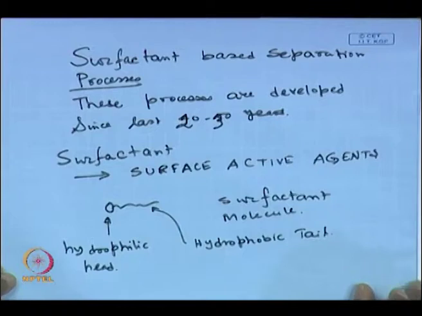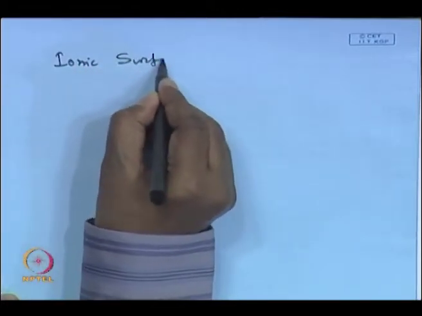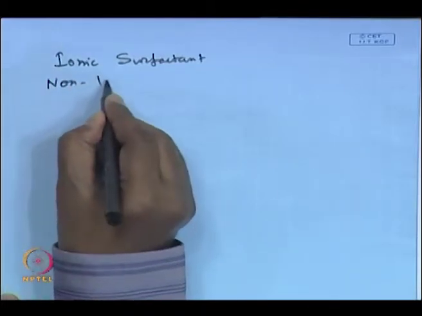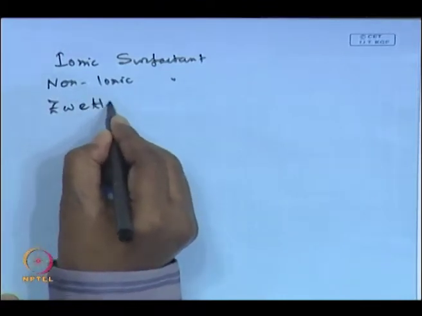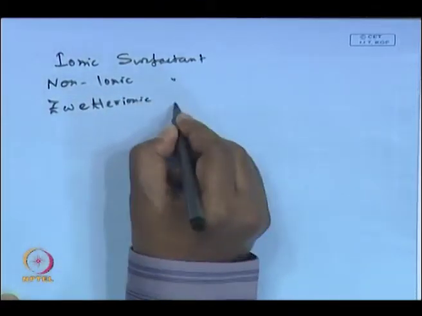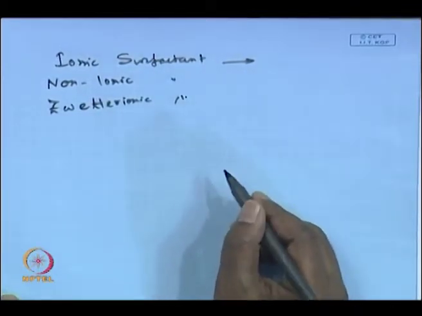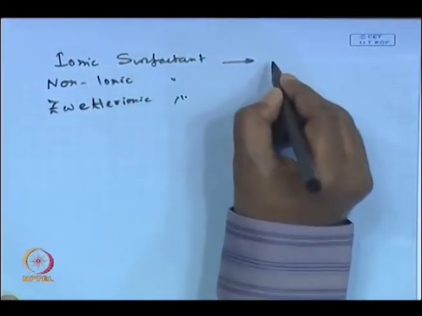Now, there are several types of surfactants that we will go into in detail again. One is the ionic surfactant, and then the non-ionic surfactants, and the zwitterionic surfactant. Now, these ionic surfactants have an ionic group present, for example, sodium dodecyl sulphate.